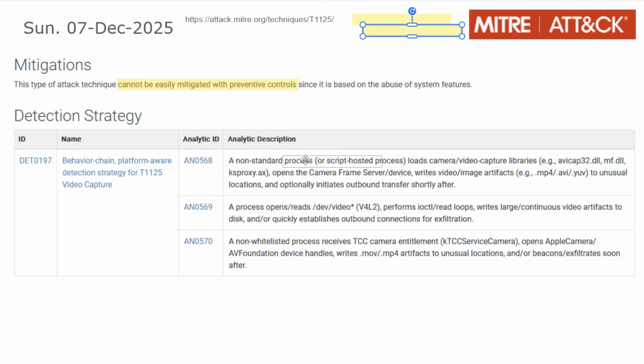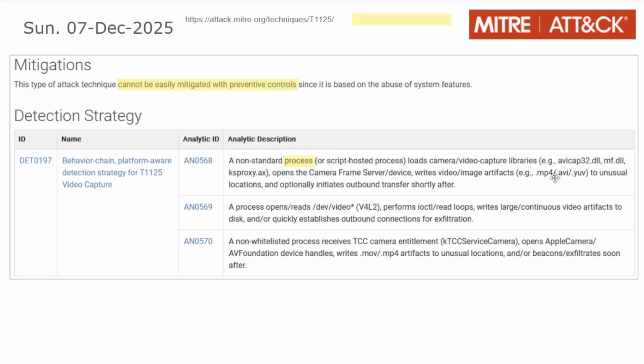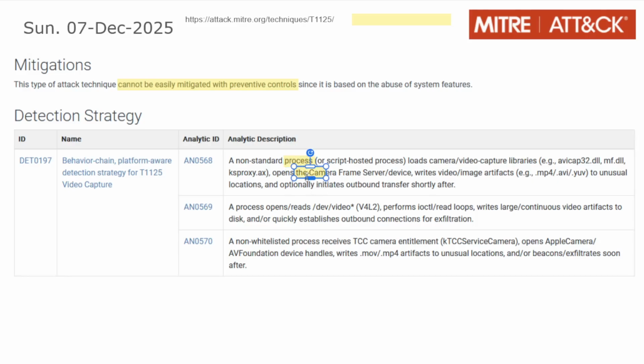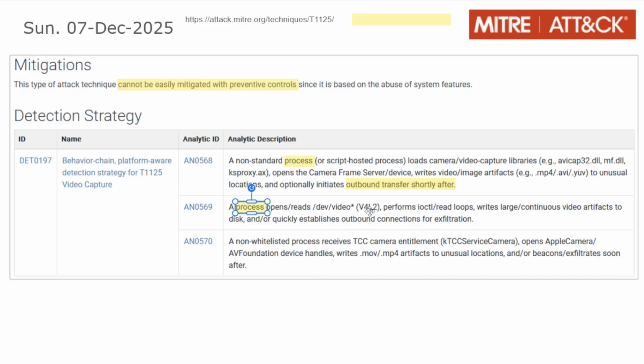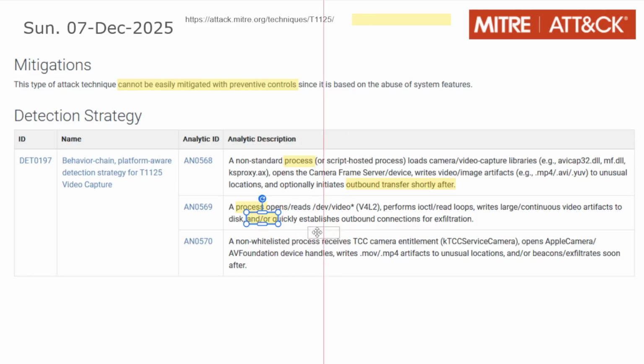And then you see in your SOC, if you want to detect it, you have some sort of process accessing one of these specific APIs or files. And then what you have after that is an outbound transfer shortly after, or writing to disk shortly after. That's what you typically have, and this is for all of the cases here. Again, a process does something, in this case a specific dev video, and again, outbound connection, exfiltration.